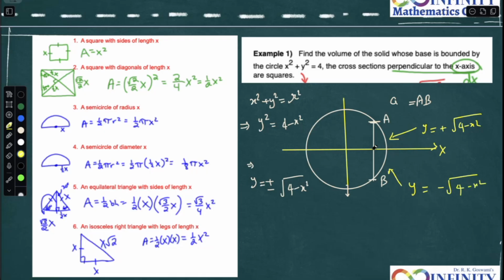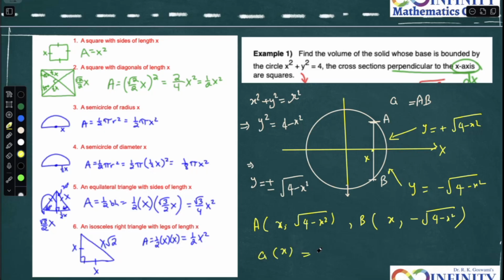So corresponding to point x, if you ask me what are the coordinates, the x component is x, the y component is going to be the square root of 4 minus x squared because y is positive. And for B, the x component is x there, and the y component is with the negative sign, minus the square root of 4 minus x squared. Help me with the length there.